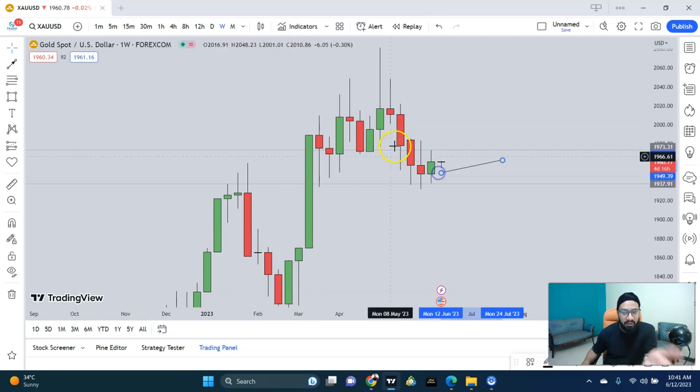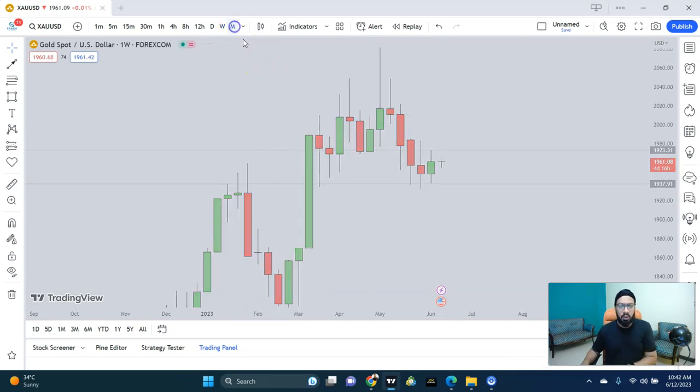Everything is on the chart. It clearly indicates where the price can move. So here we can anticipate that if this low is respected, and if this high, 1972.35, is taken off, then we can expect a good bullish momentum on gold.